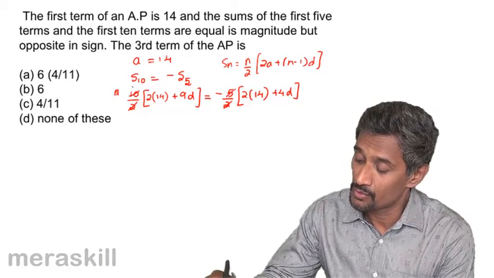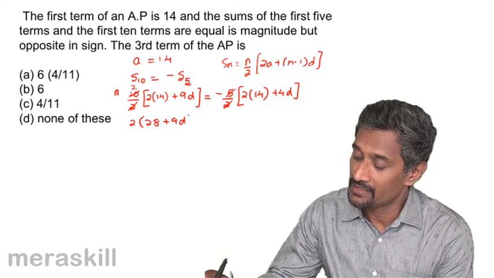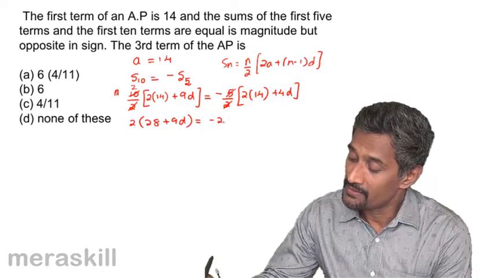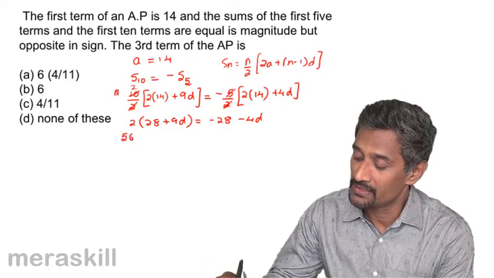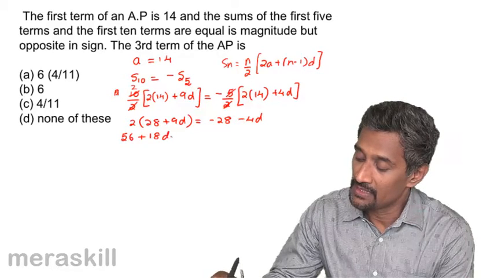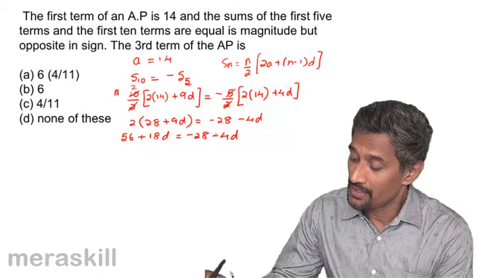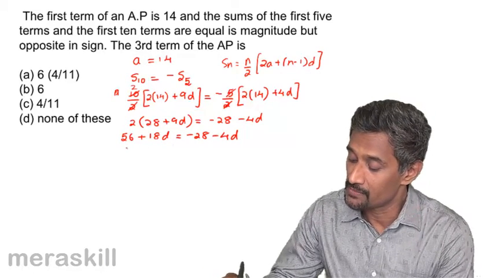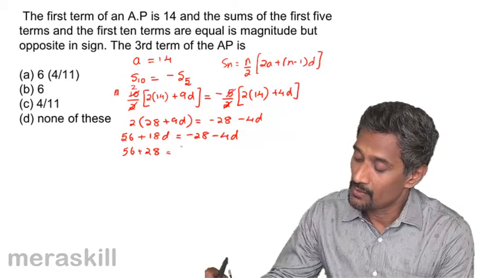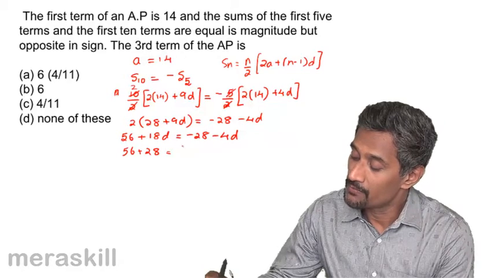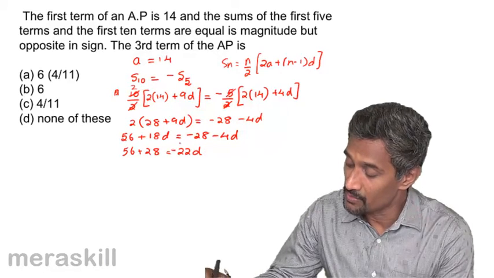and hence as a result, if you divide both sides by 5, this gets 2. So you get 2 times 28 plus 9d is equal to minus 28 minus 4d. This gives you 56 plus 18d is equal to minus 28 minus 4d, giving you 56 plus 28 is equal to minus 18d minus 4d, that is minus 22d.